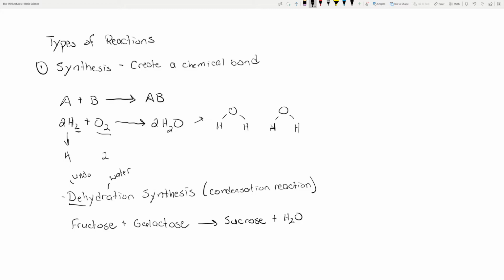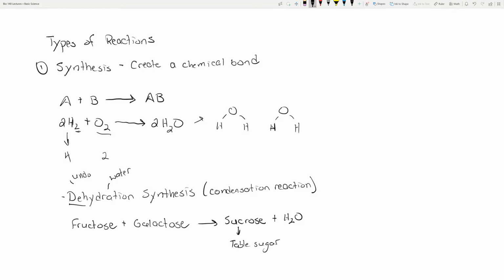So sucrose is table sugar. You all know that. That's the sugar that you put in cakes and make things sweet, put in your coffee. Sucrose is a large sugar combined from 2 smaller sugars, the smaller sugars being fructose and galactose.